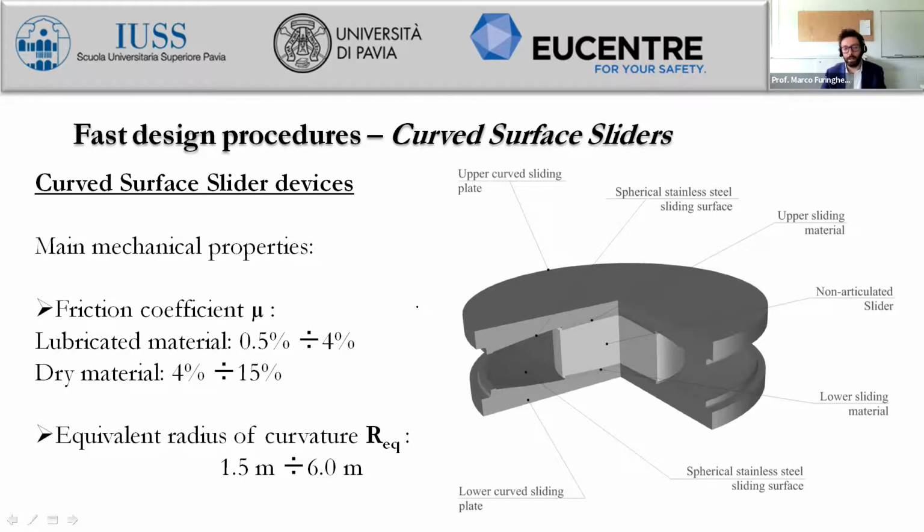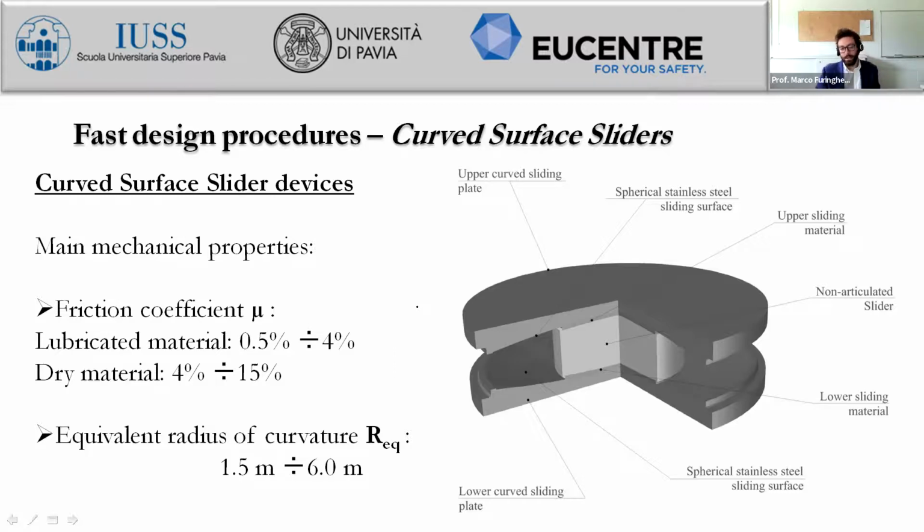That is much more important. And then we know also that there is the degradation of mechanical properties with multi-cyclic excitations. So the friction coefficient is a quite complicated parameter to deal with.